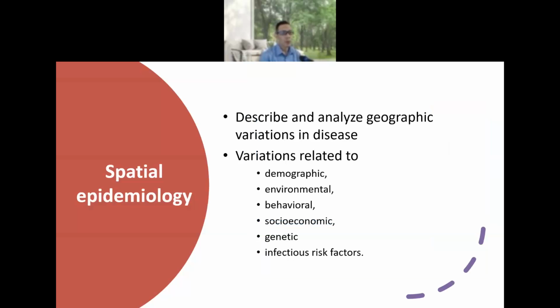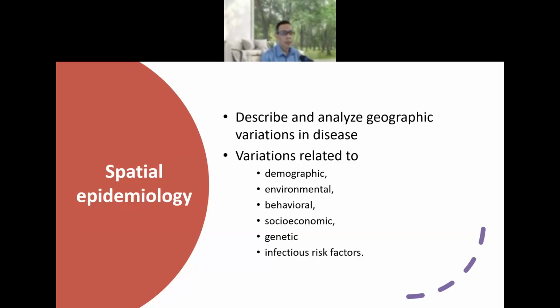Spatial epidemiology also means describing and analyzing geographic variations in diseases. But again, we just mentioned, epidemiology is not confined to diseases. It is also related to health events, not just diseases.